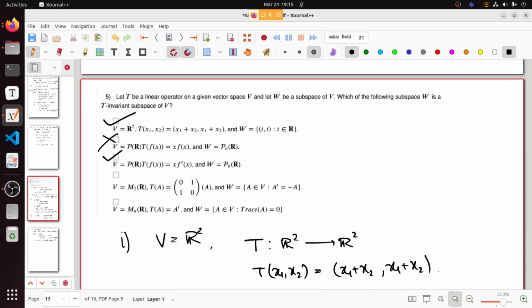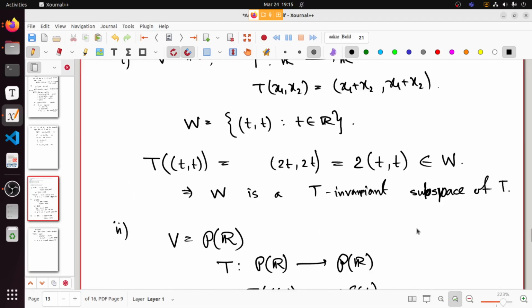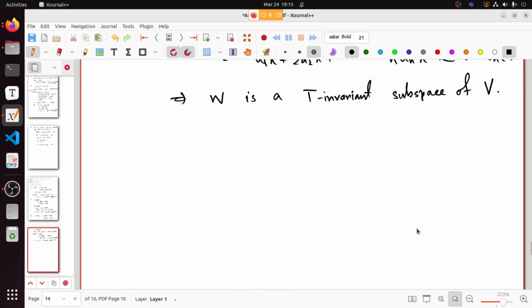Now let's check option number 4. This time V is M2(R), 2 cross 2 matrices. T of A is the matrix 0 1 1 0 times A, and W is the subspace of antisymmetric matrices. So this is option number 4.